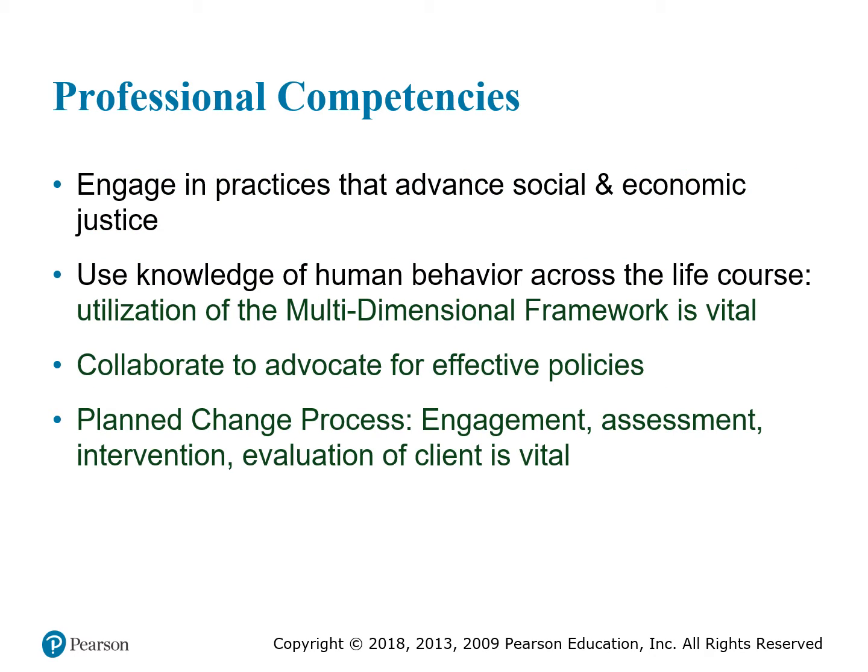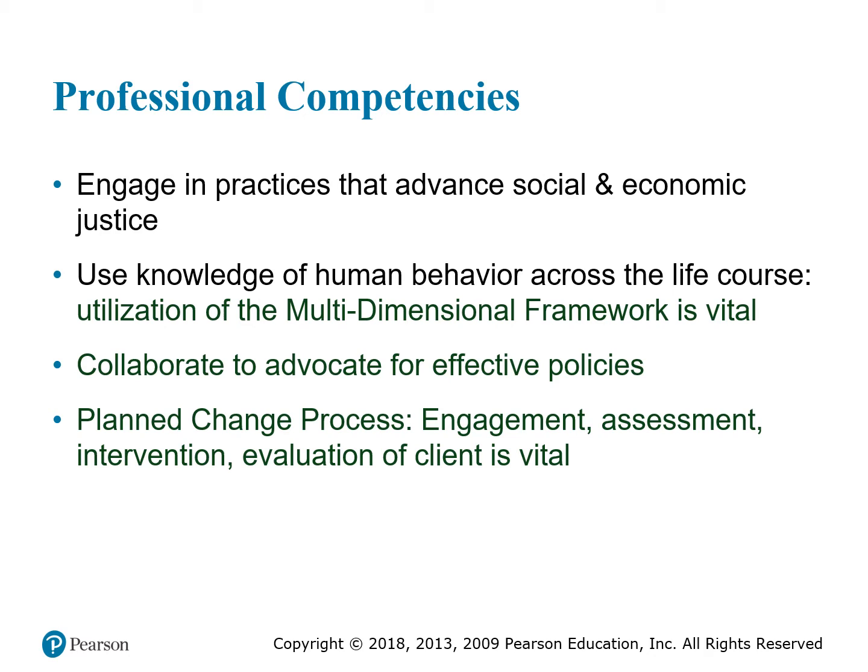So professional competencies, the key here is to use knowledge of human behavior across our life course. And we can do this by utilization of the multidimensional framework, which is vital in understanding human behavior in the social environment. So as our environment changes, so do individuals' thoughts, thinking, and biochemistry, or biophysical aspects of them.